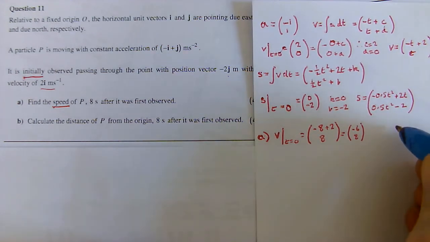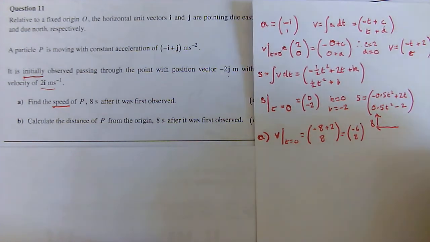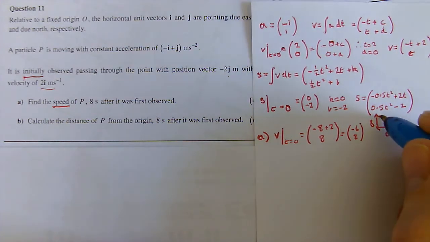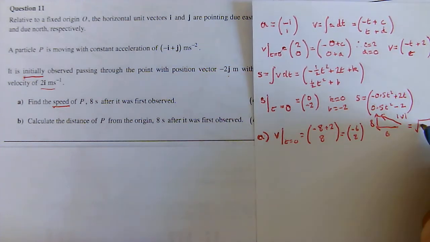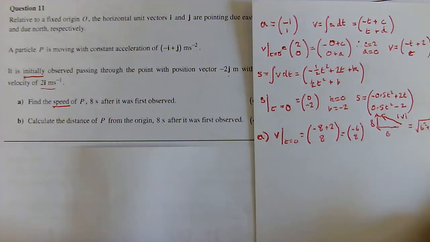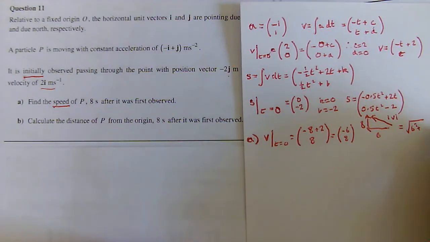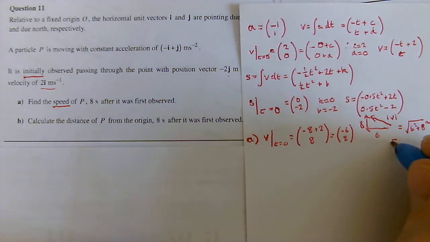So, if we think about what it's doing, it's going 6 in the leftward direction and up by 8, so I don't have enough space to draw it accurately. If we think then the speed, which is the modulus of velocity, is going to be the square root of 6 squared plus 8 squared, which is 10.